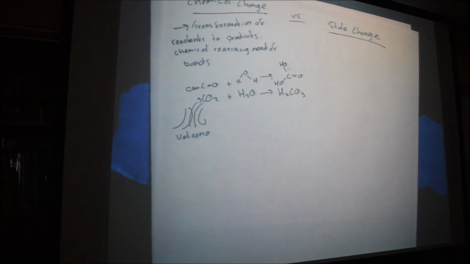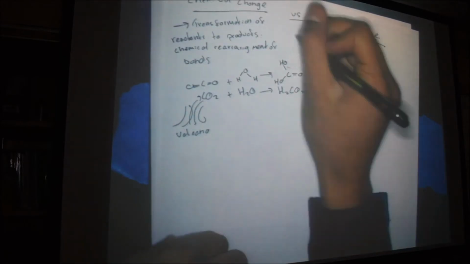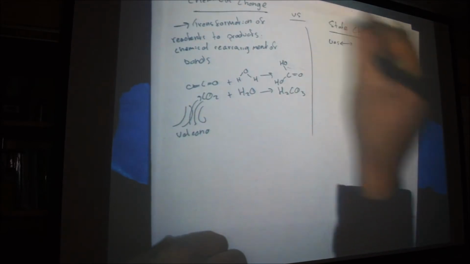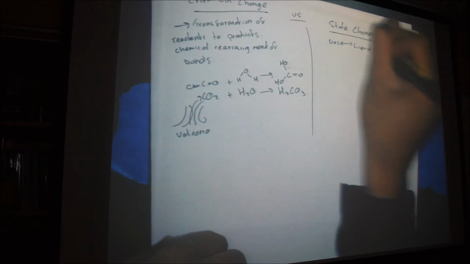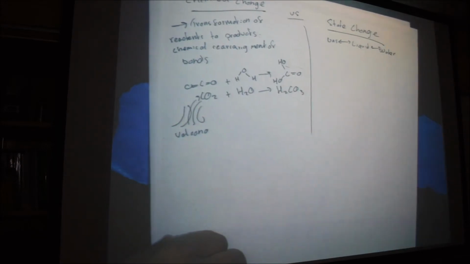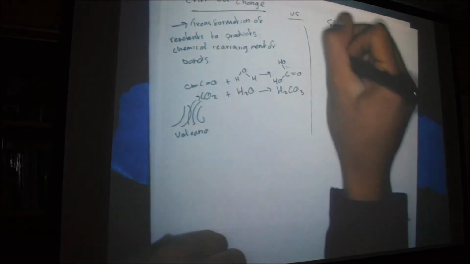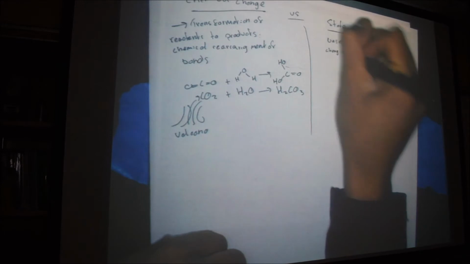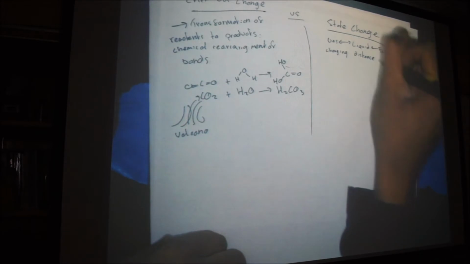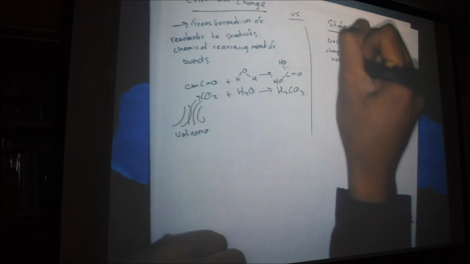Now, the difference between this and a state change is this. A state change is usually between a gas, a liquid, and a solid, and what you're really changing is the association between the molecules. Sometimes it's distance and association between molecules.